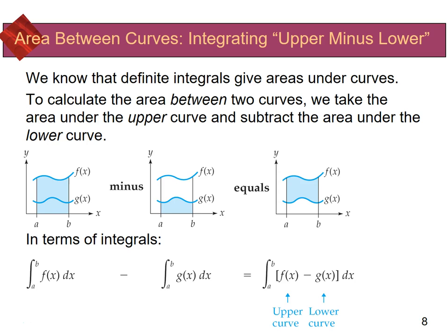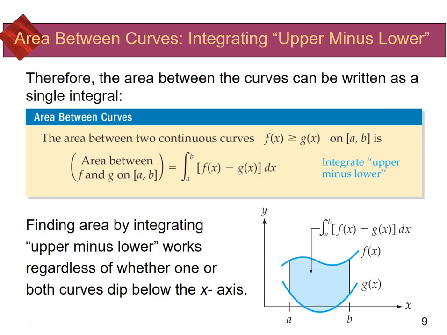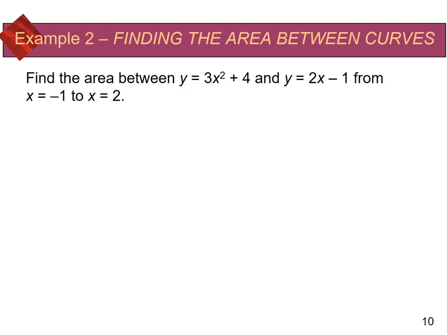But again, I'm going to have a circumstance where one curve is above the other, and then they may intersect, and the other curve will be above. So being able to graph and find intersection points becomes key for doing this as well. But essentially this is going over the same thing. You're going to do the upper minus the lower.